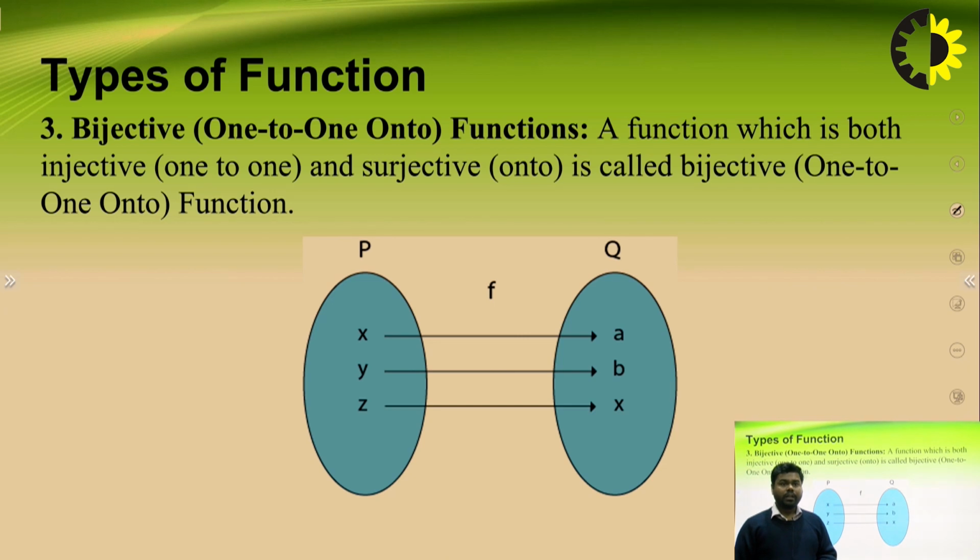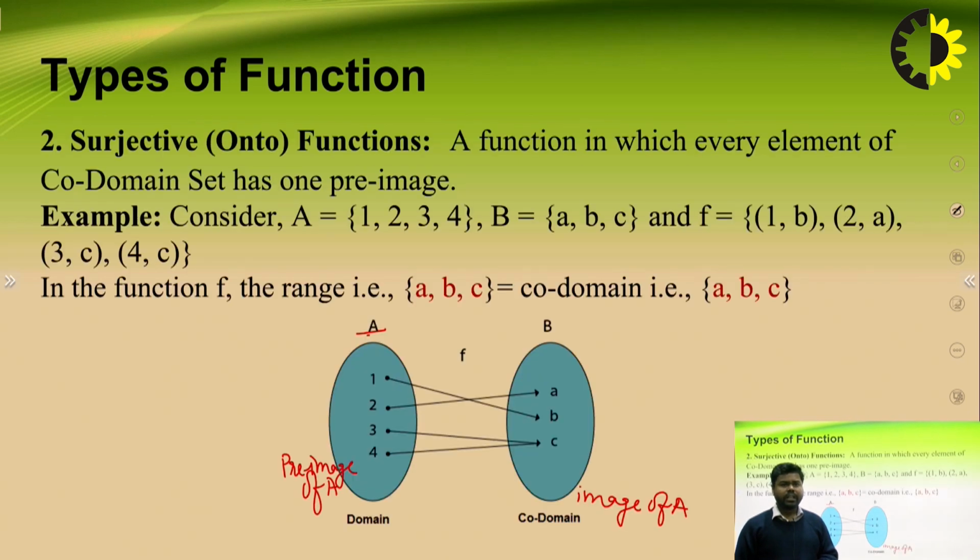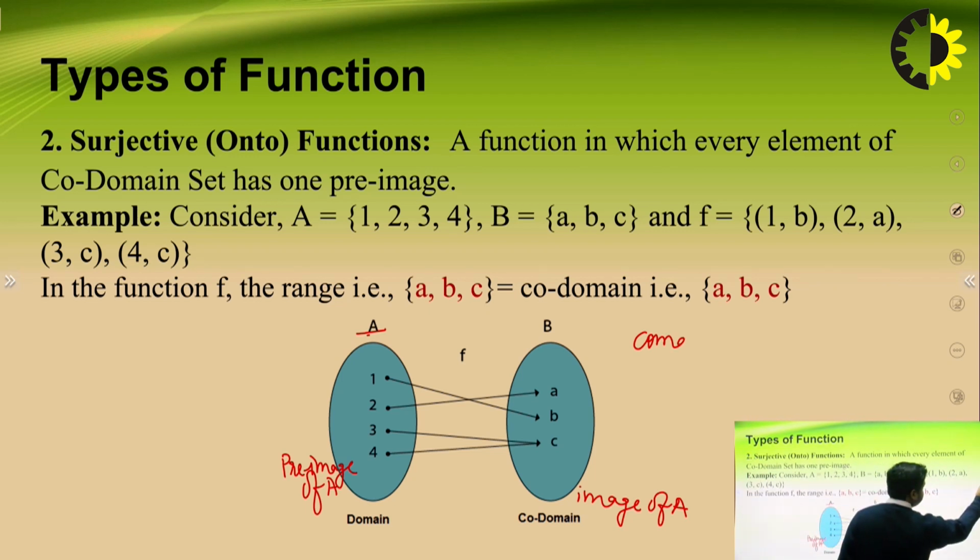In the previous slide you can see that the range is equal to the codomain. The codomain contains a, b, c.